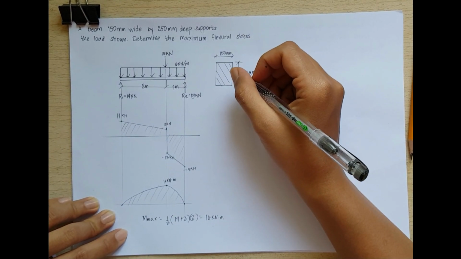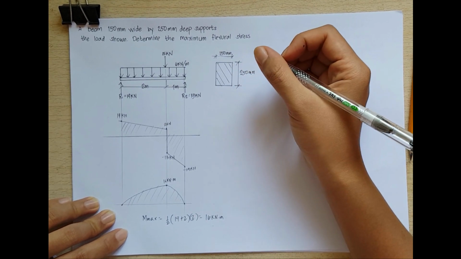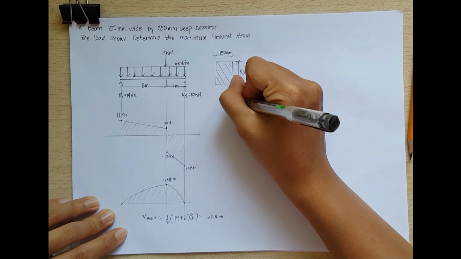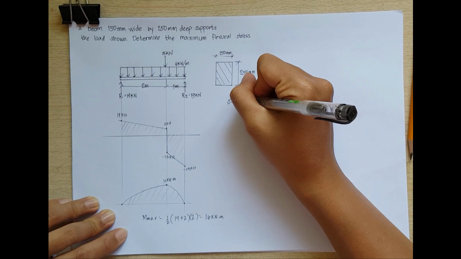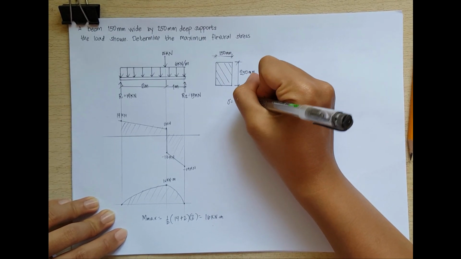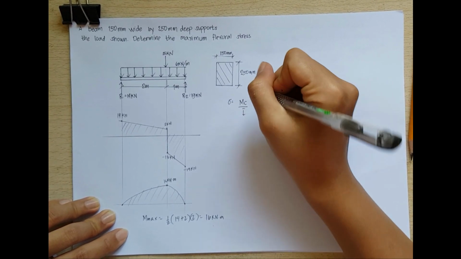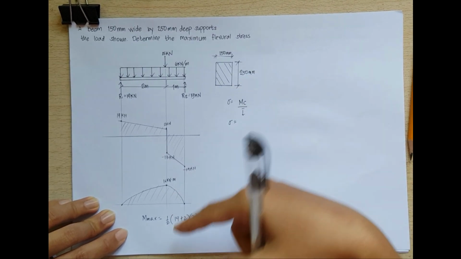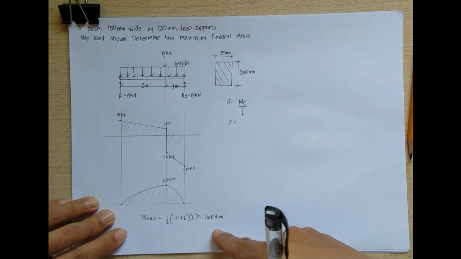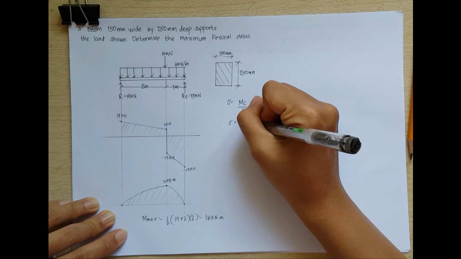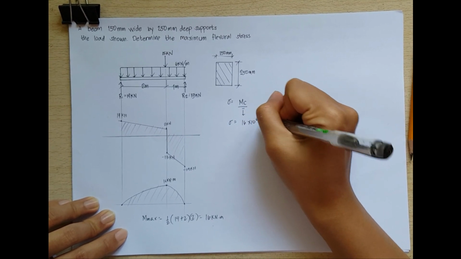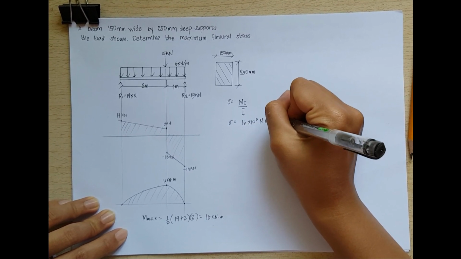So the flexural stress, we have our formula, which is Mc over I. So yung moment na gagamitin natin is 16 kilonewton dot meter, or 16 times 10 raised to 6 newton millimeter.